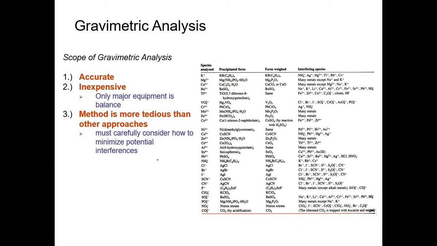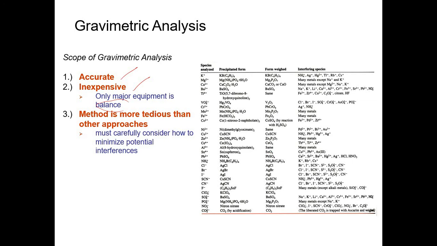The scope of gravimetric analysis is that it is accurate and not expensive, so ang major equipment is just the balance, because you need to weigh that, of course. The disadvantage, however, is that it's more tedious than other approaches. So you have to carefully consider how to minimize potential interferences. Kaya diba, you have to make very good crystals.